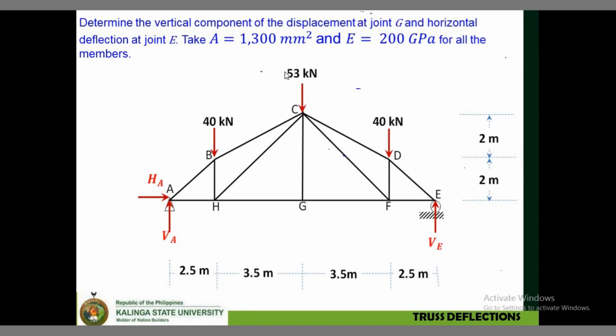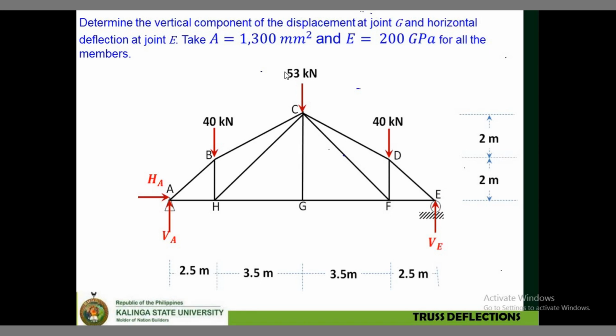Vertical deflection at joint G, that is the first thing you have to look at, and the horizontal deflection at joint E. So, again, given ang cross-sectional area ng ating mga members, given din yung modulus of elasticity ng mga members.